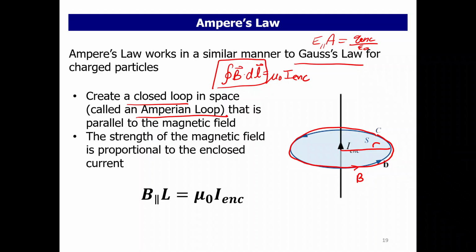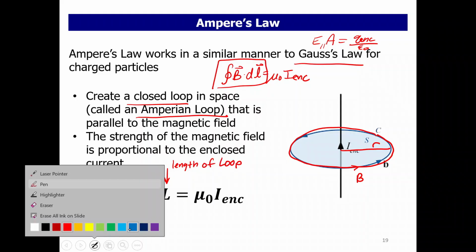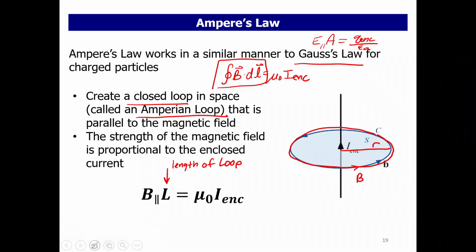If I choose a loop of length L, this is the length of the loop, not the wire. The length of this loop is the circumference. The circumference is 2 pi r.